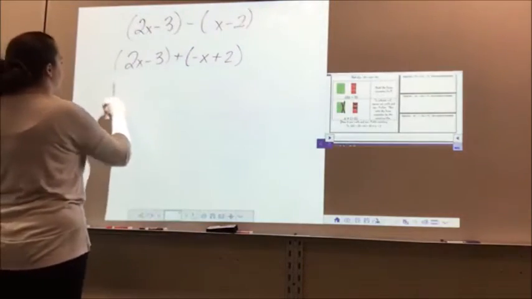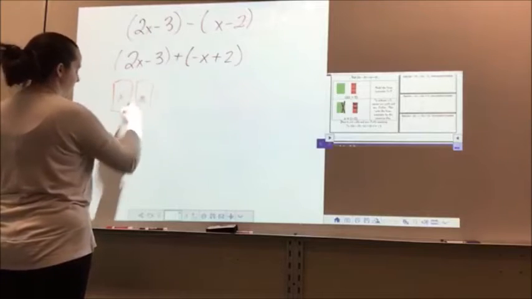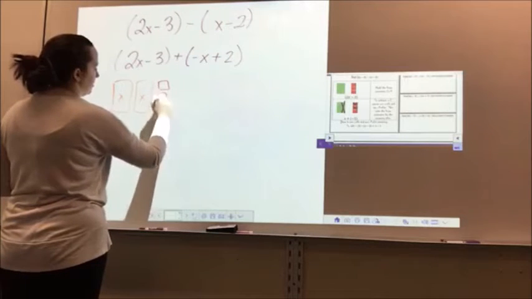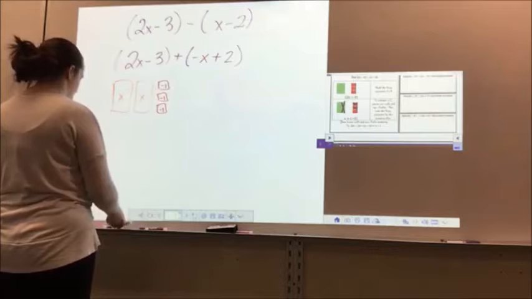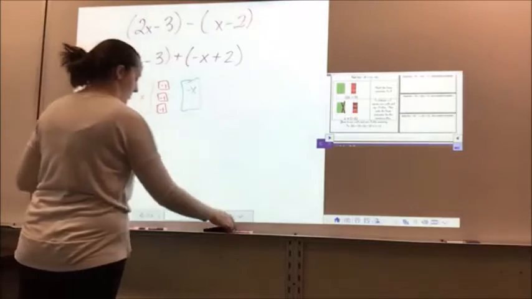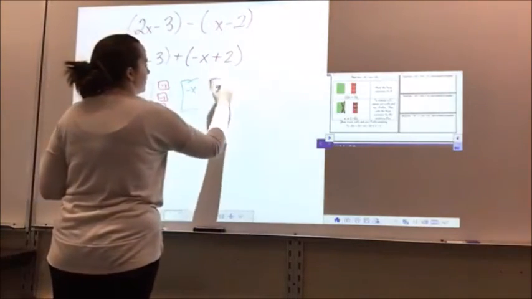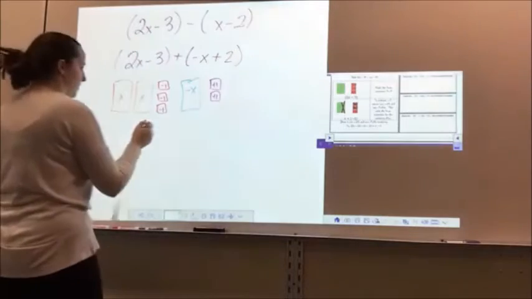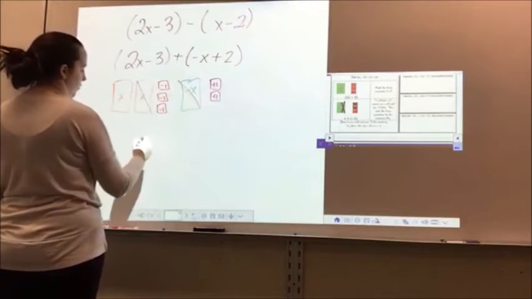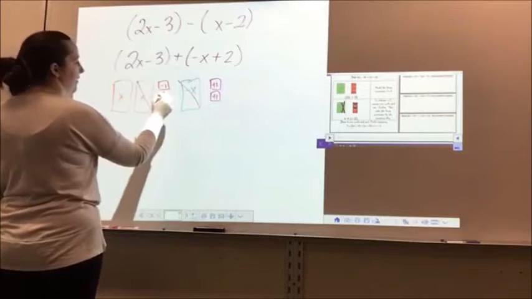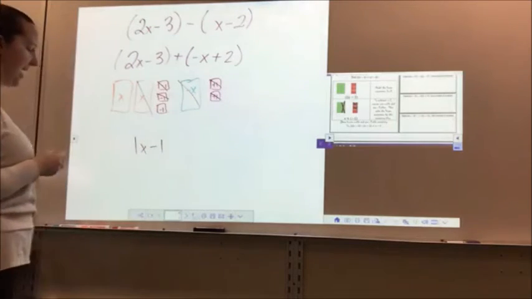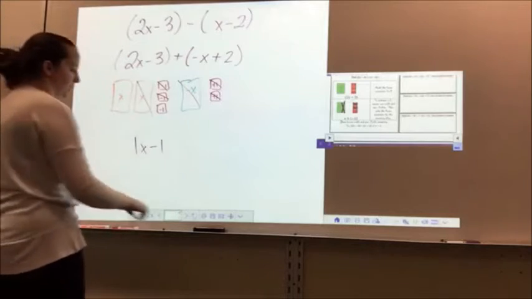So I have 2 positive x's, 3 negatives, negative x, and then my 2 positives. You can see that this x cancels with this, so I'm left with 1x. And then this cancels, and I'm left with minus 1. So 1x minus 1, or x minus 1.